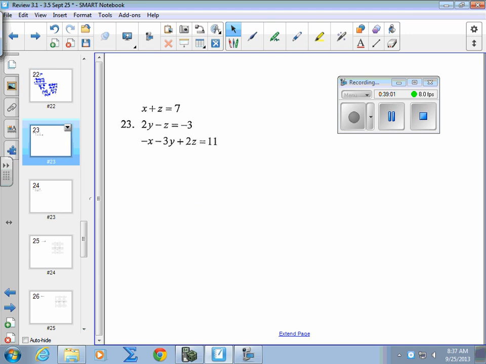The next equation is 3 equations and 3 variables. I think the easiest way to solve this is to either eliminate x or y or z. But the question is, which two equations are you going to work with? First and third?